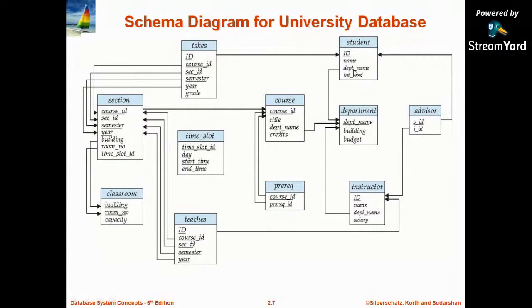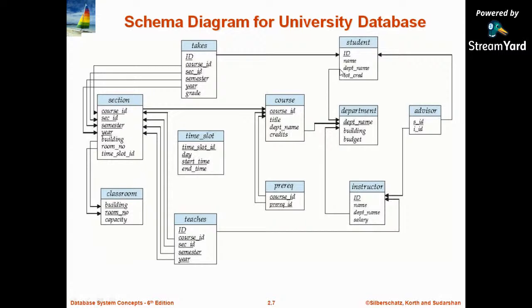The student is part of the department, and you can see that department name is common in these two tables, but the department name is a primary key in this table. So it is going to take the information of department from this table. These two tables can be joined by using this common field, which is the department name, and department name is a primary key here.